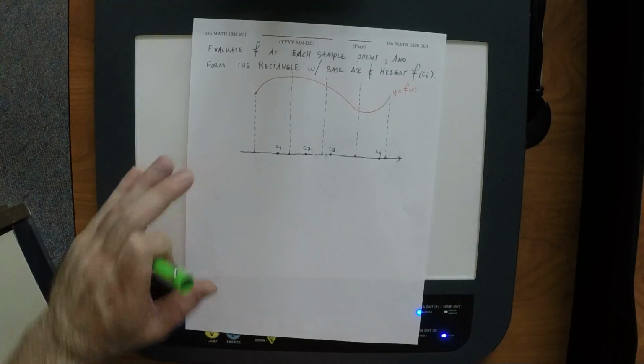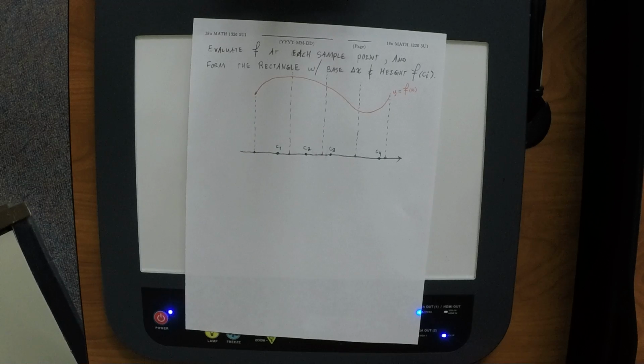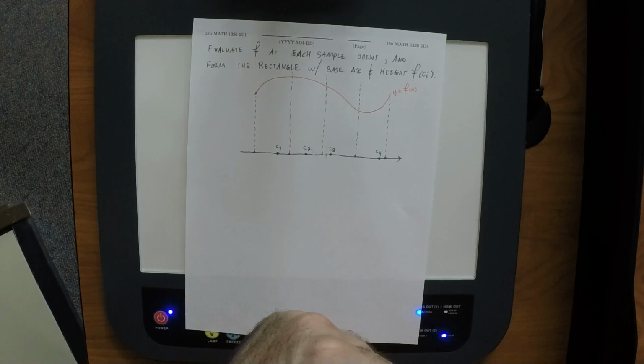So we're now supposed to evaluate f at each of the c's. So how do you do that visually? What does it mean to visually plug one of the c's into the f function?